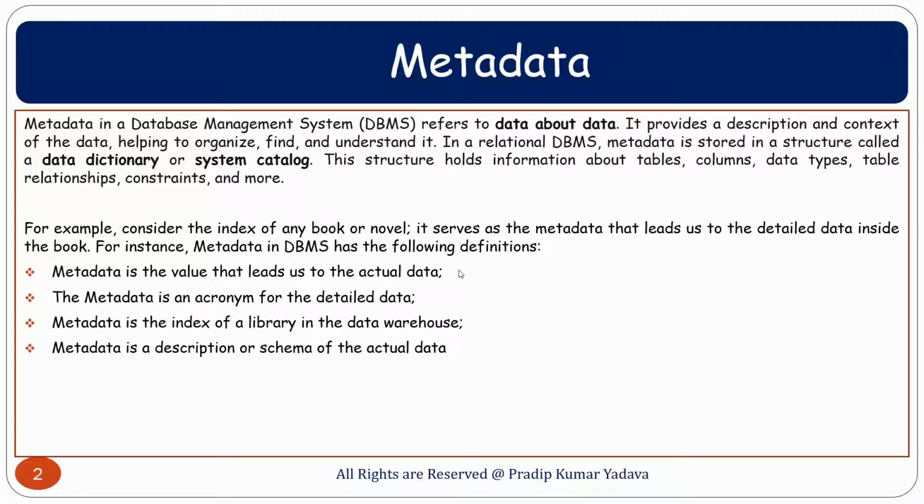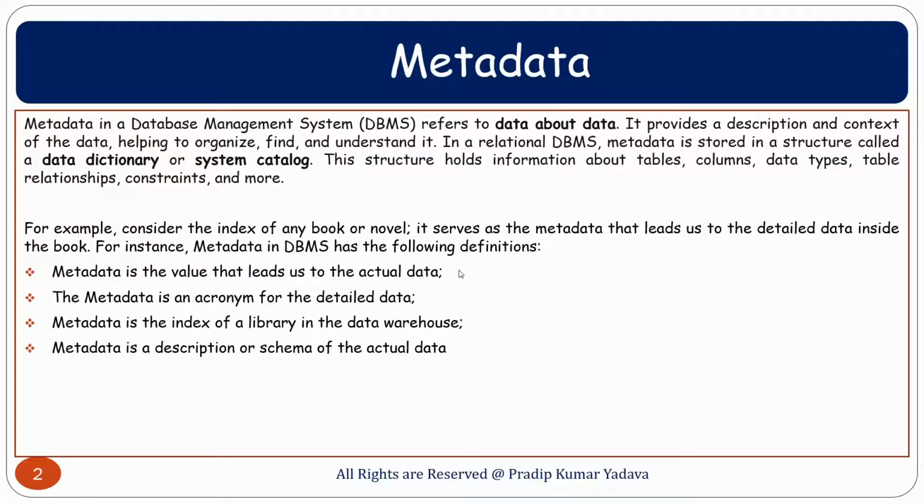This structure holds information about tables, columns, data types, table relationships, constraints, and many more things. Also, you can take the example of a simple book. On the first page, you can see the contents where the page number is mentioned and the topic is also mentioned. When we open the denoted page, we can find more detail about that particular topic.